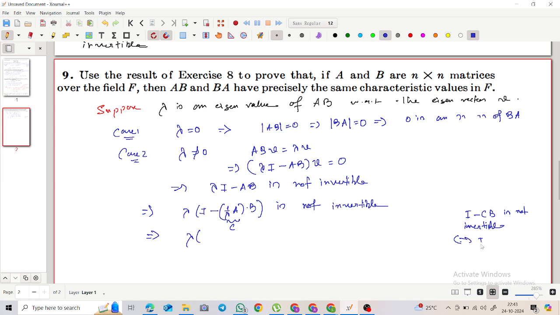This implies and is implied by I minus BC is not invertible, right? Now you can take the lambda outside. It will be I minus 1 by lambda BA is not invertible.